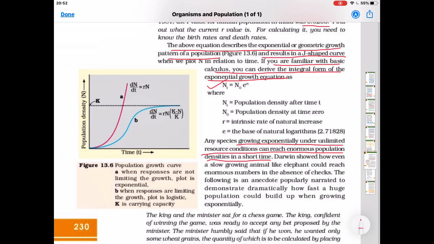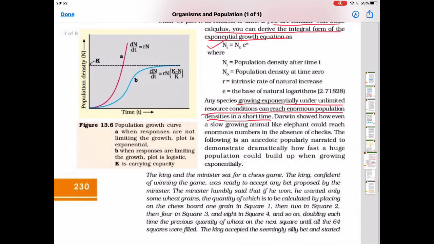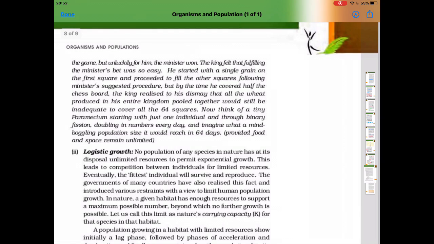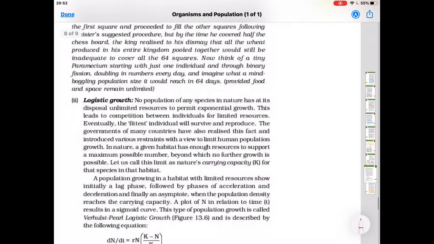Next is logistic growth. No population of any species in nature has at its disposal unlimited resources to permit exponential growth. This leads to competition between individuals for limited resources. Eventually, the fittest individual will survive and reproduce.